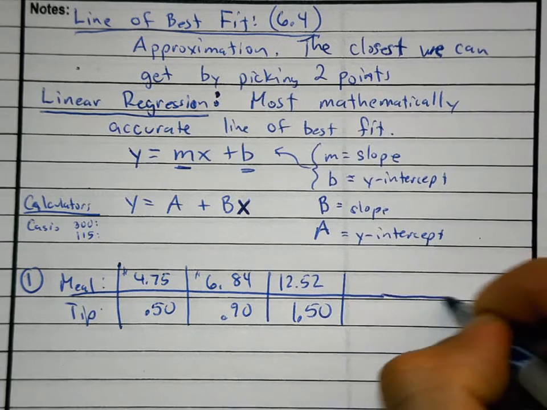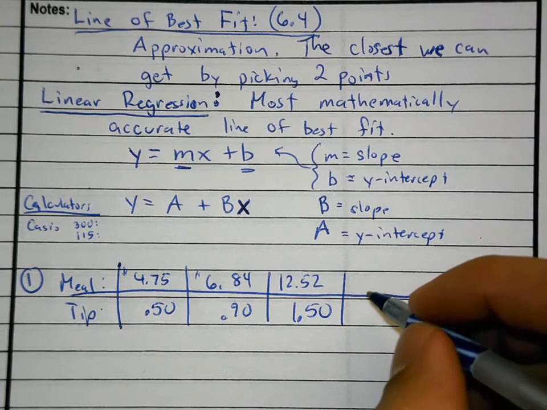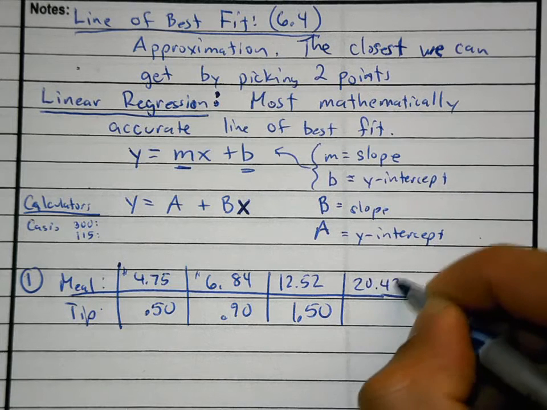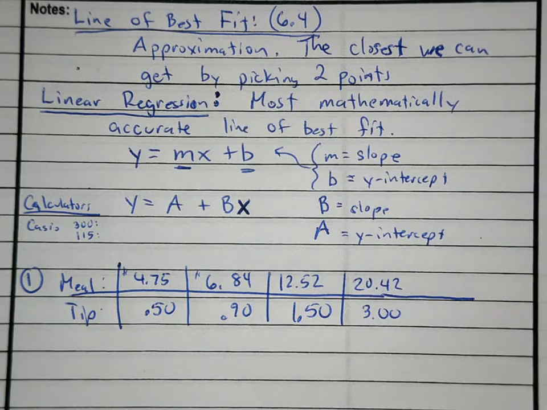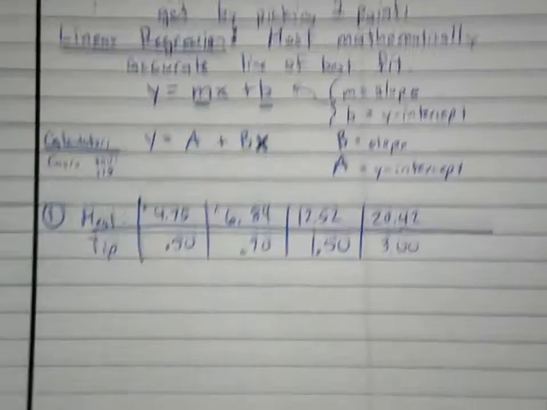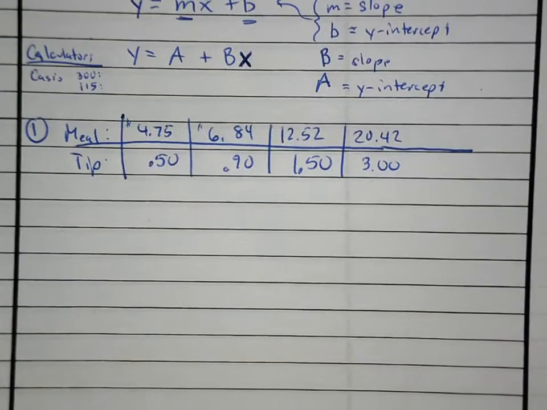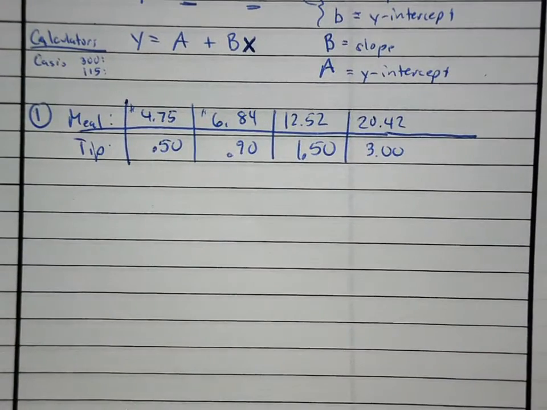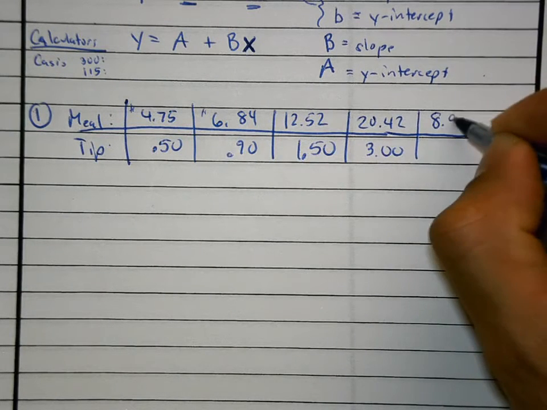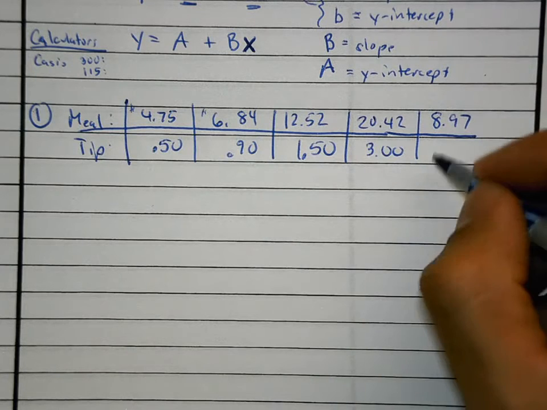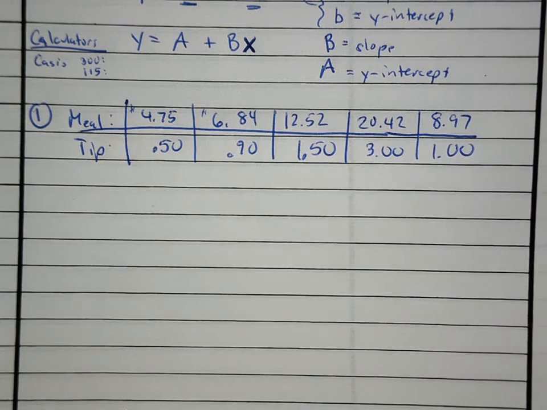The fourth meal was $20.42 and $3 for the tip. Let me scoot this up because I see a lot of you bobbing and weaving your heads. There we go. Here's our last one, $8.97, and the tip was $1.